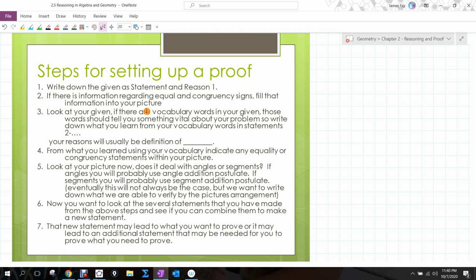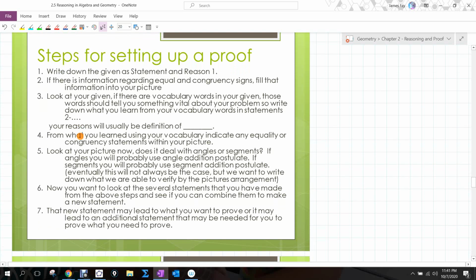What 2 segments would be congruent because I know I have a midpoint? I would write those 2 segments down, and then my reason on the right-hand side in that next step would be definition of midpoint. Okay, so that's what step 3 is talking about. And you'll do that for however many vocabulary words that you have in the given. And if you generate a vocabulary word in your statements on the left-hand side, you will do the same thing.